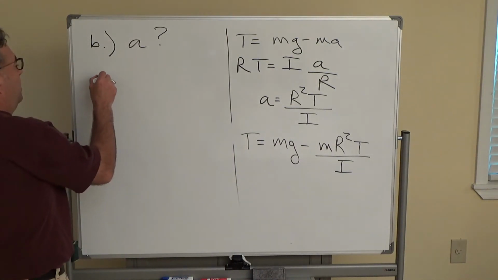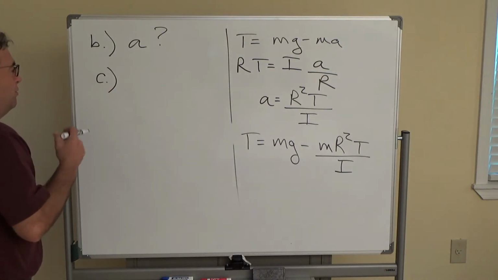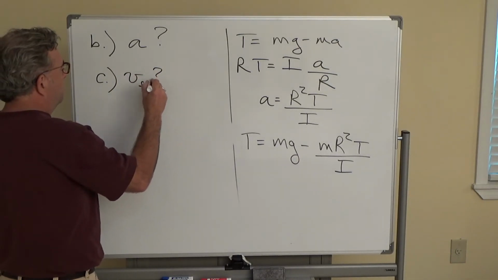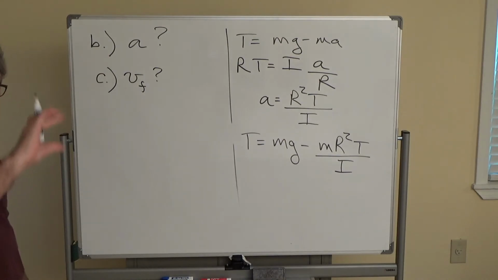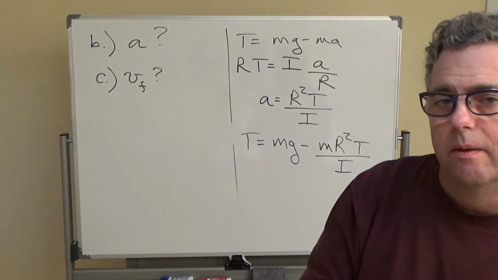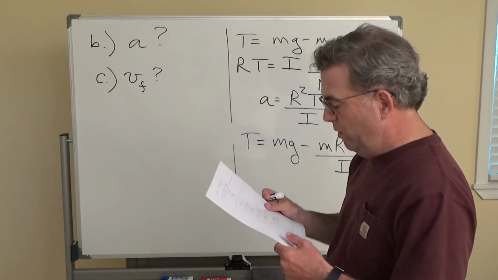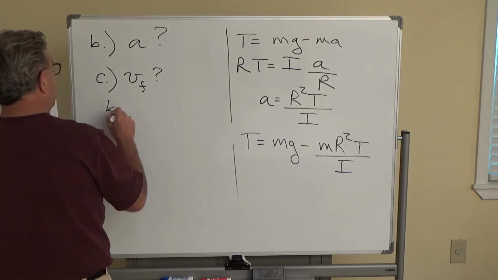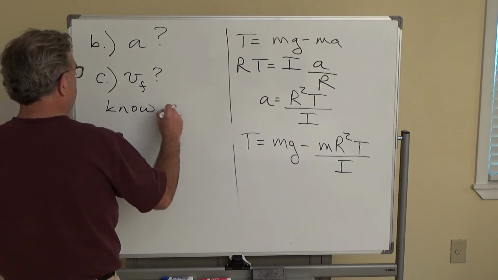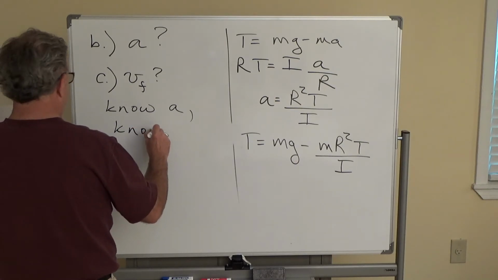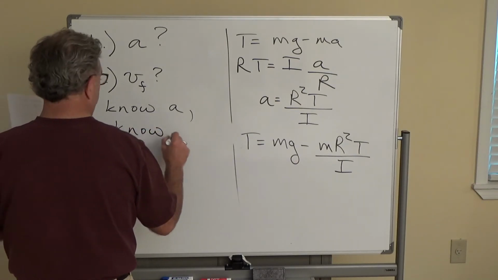Then in part C, they ask you for the final velocity of the falling mass when it hits the ground. So, how will you do that? Well, you know a, you know delta y.